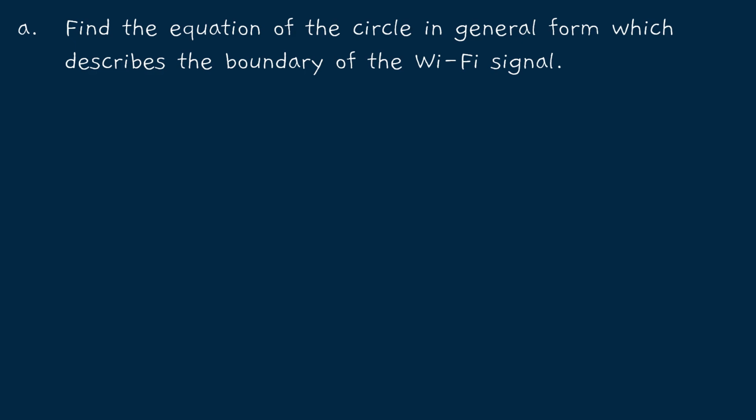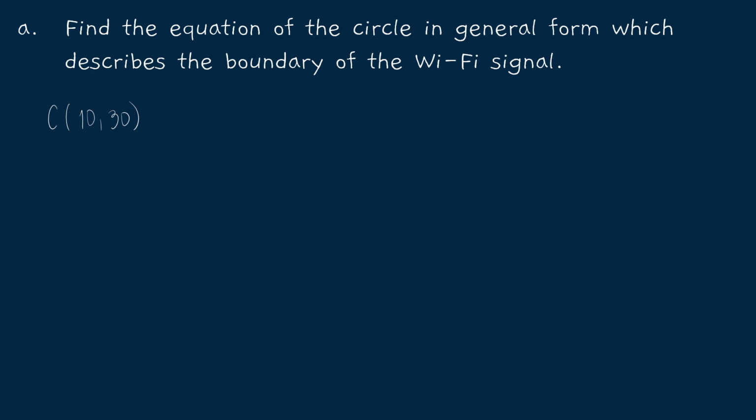Based on the problem that we have, the given are the coordinates of their house, which is (10, 30). This will serve as our center, since we are trying to identify the position of the user of the Wi-Fi, if he can still connect to the Wi-Fi signal from their house even though he is in a remote area.